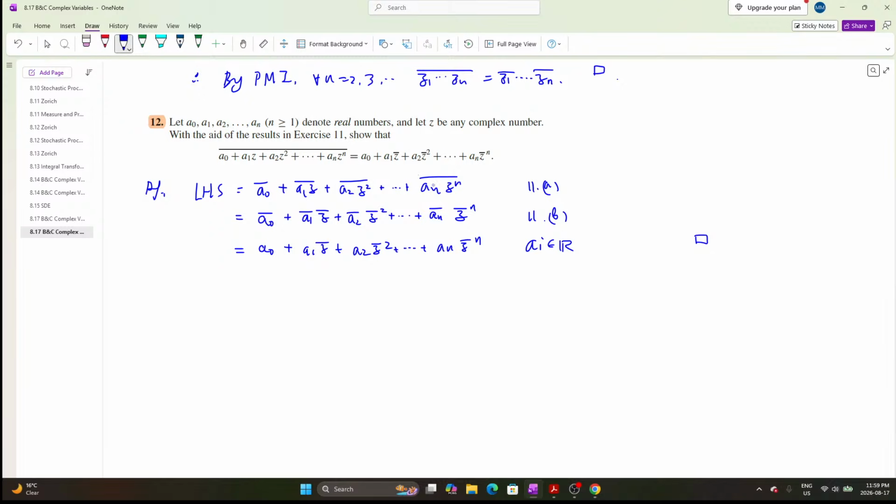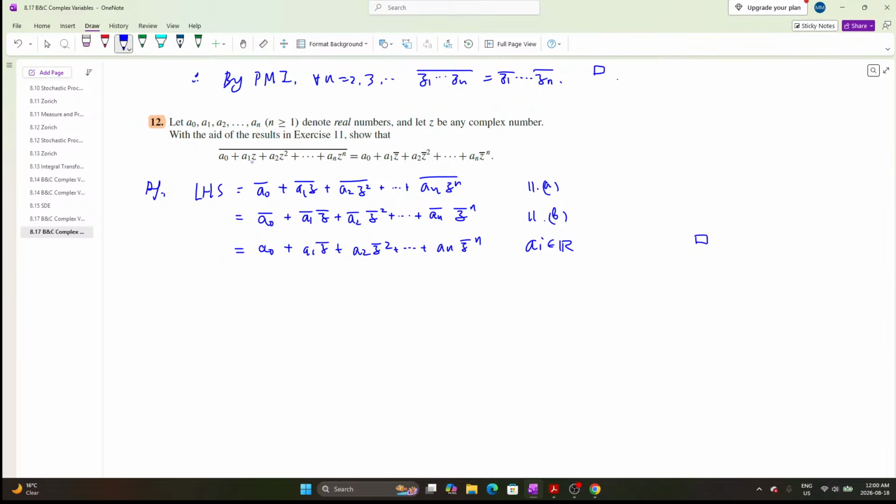But what this implies is actually very significant. Let's say you have a polynomial that is a naught plus a1 z plus a2 z squared all the way to an z to the n. If that polynomial has a root, say z, then by this identity, z bar must be a root, because if you substitute z bar into the same polynomial, that's just the polynomial evaluated at z taking conjugate.